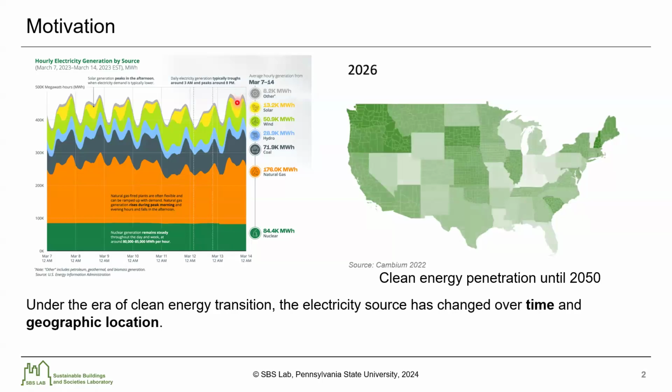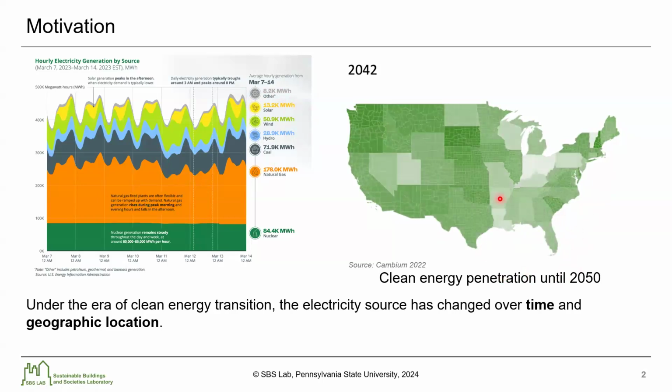Because of the uncertainty of renewable energy, there is a lot of uncertainty when we evaluate the carbon emission of buildings. Also, different states and grids have their own energy codes and policies to adopt clean energy.